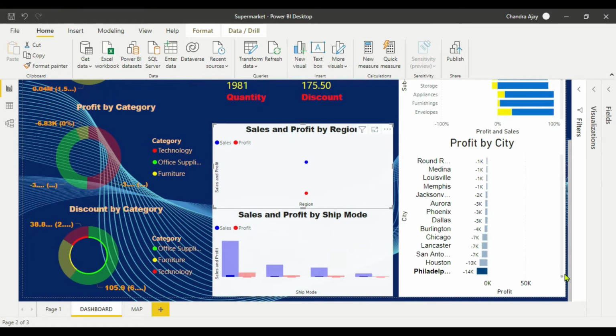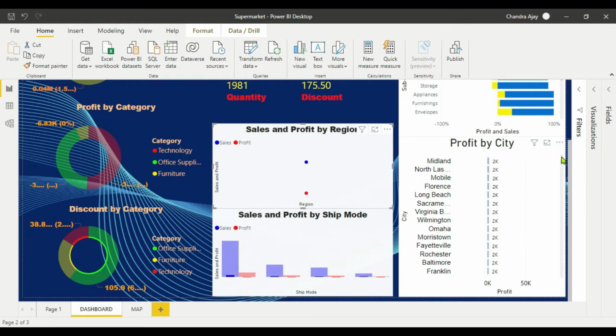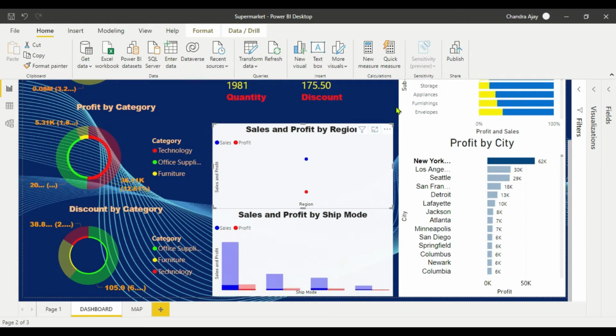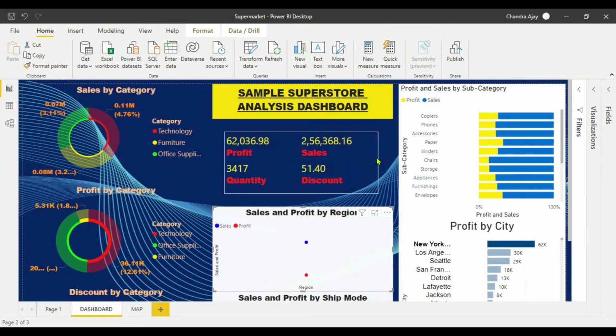And now similarly, let's see what the factors are for New York City that has improved the sales as well. After clicking here, everything actually changes automatically. We can see here that the discounts are pretty low, but still New York has the highest profit.